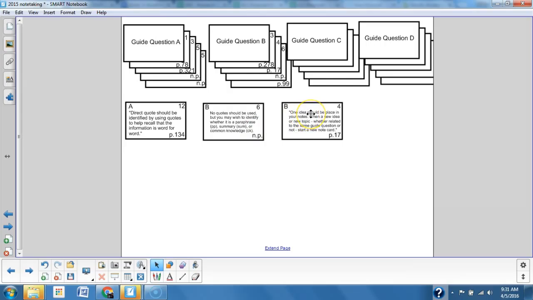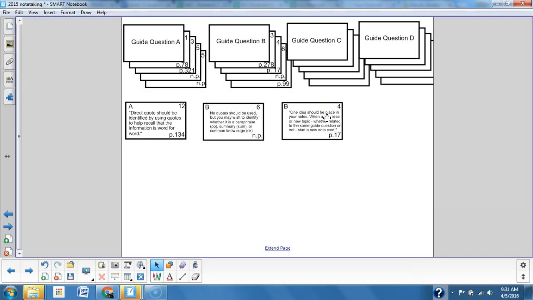The one last point is one idea should be placed on each note card. Whether you're doing electronic notes or the note card system, every note that you take should focus on one idea, even if it's a related idea.